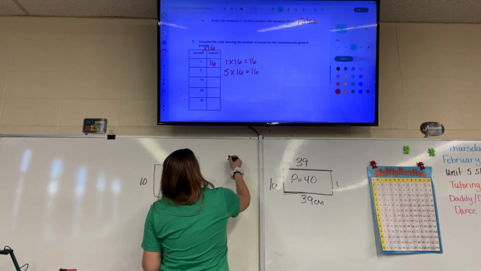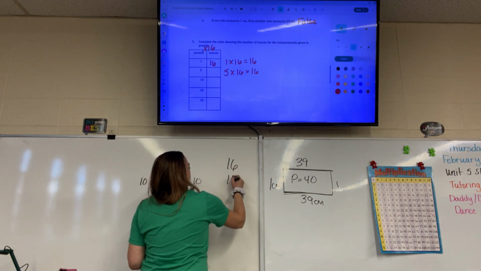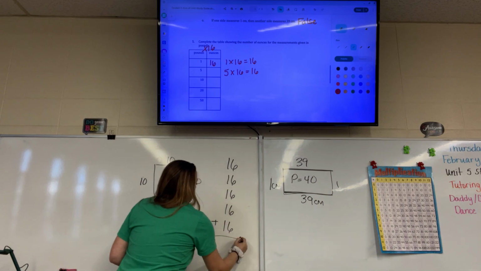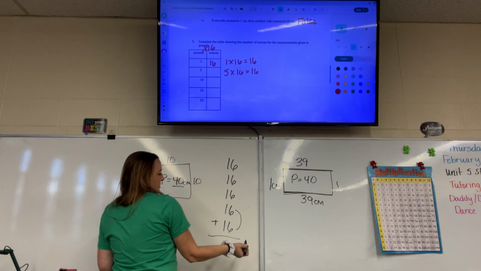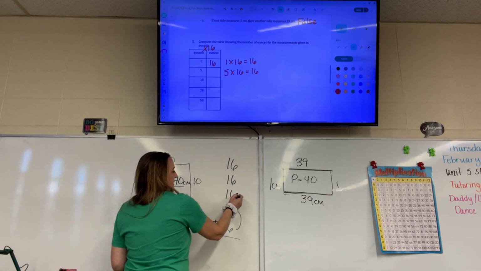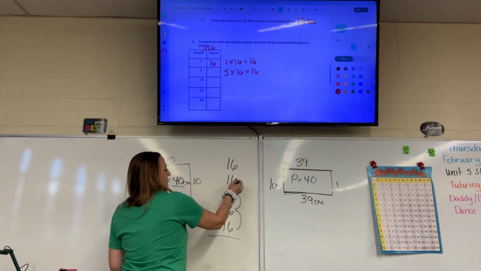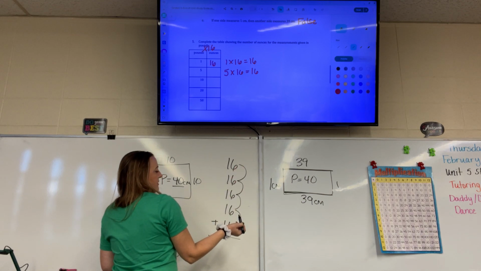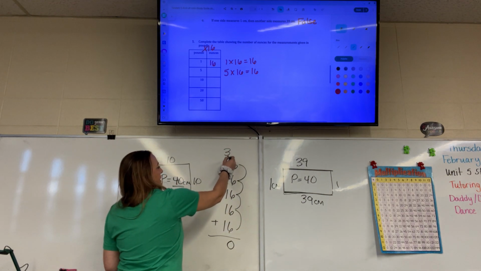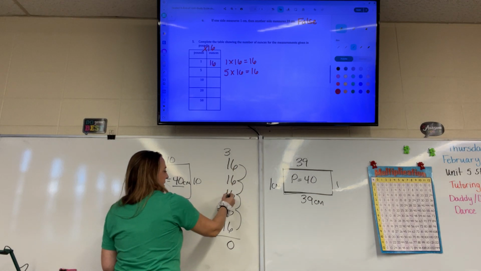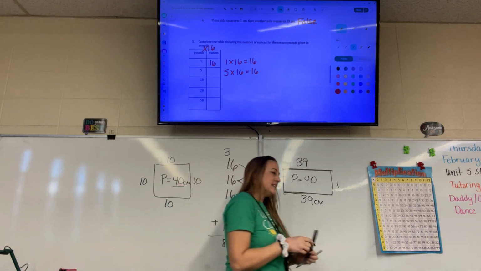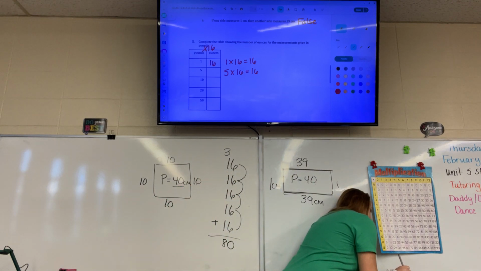If you're not sure, you can stack them and add them. 16 and 16 and 16 and 16 and 16. So 6 and 6 is 12 plus 6, 18 plus 6, 24 plus 6, 30. Put down a 0, carry the 3, 3, 4, 5, 6, 7, 8. So 5 groups of 16 equals 80.